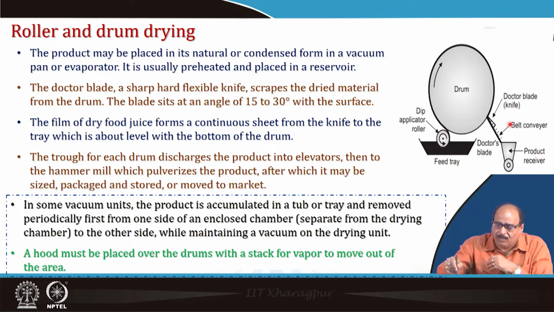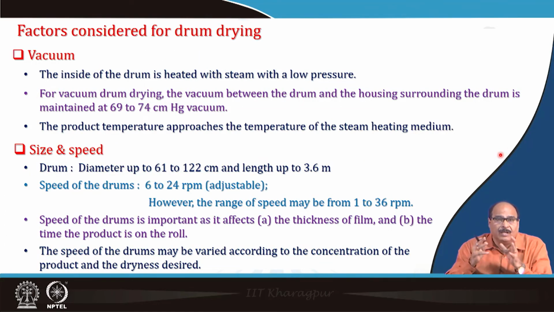The air around the drum dryer, particularly the belt, should be maintained in a low humidity and low temperature area. So a hood must be placed over the drums with a stack for vapors to move out of the area. The factor to consider for vacuum drum drying is the vacuum level.